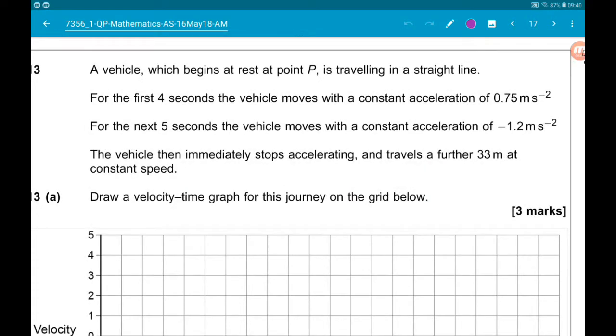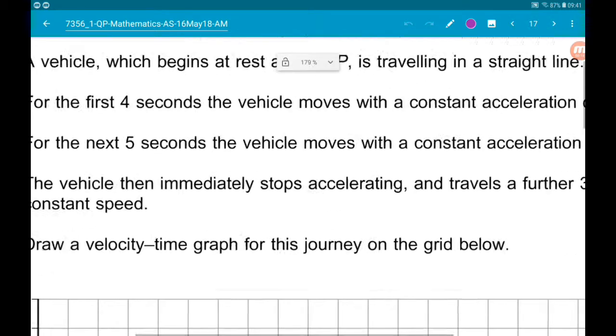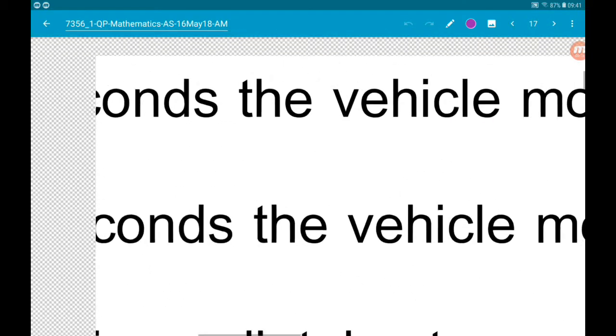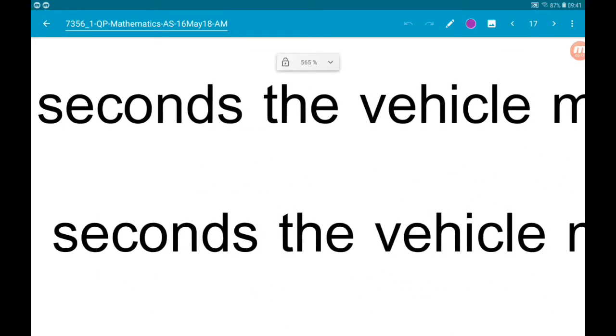Okay, so for the first bit, the vehicle begins to move with a constant acceleration of 0.75 meters per second squared. And that happens for 4 seconds. So for this bit, our initial velocity is 0.